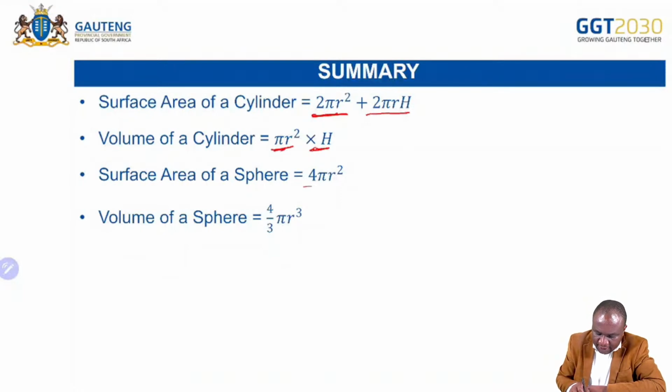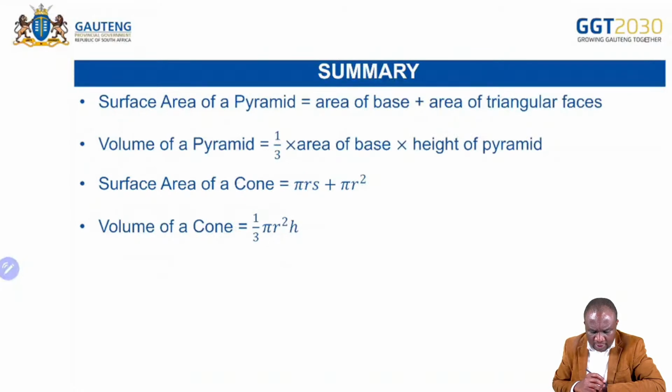Surface area of a sphere, remember, is 4 times pi times r squared. And then the volume of a sphere is 4/3 times pi times the radius cubed. Then the surface area of a pyramid is the area of the base plus the area of all the triangular faces.